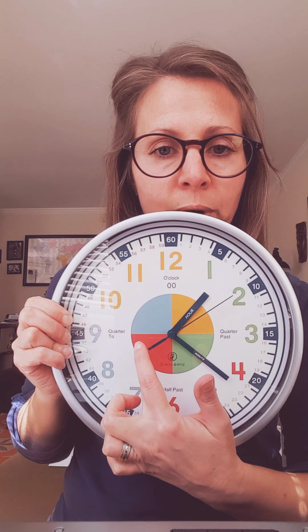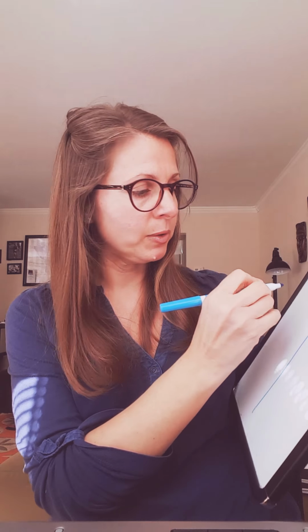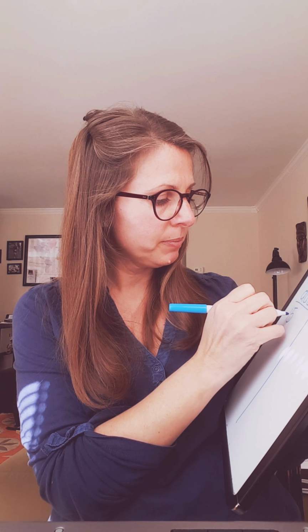So 45 minutes would be the yellow is 15, then we have a half an hour, then we have 45. With 1/4 left, we know there's 15 minutes to make one more hour. So I'm going to add 15 minutes to my add column. That's how I'm going to handle it. I think it'll be easier that way.